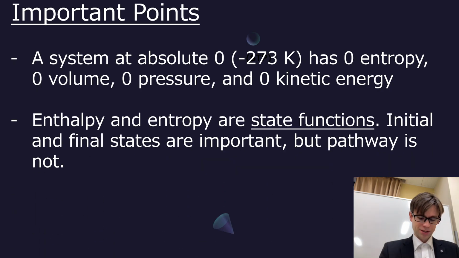Enthalpy and entropy are state functions. Initial and final states are important, but pathway is not, at least for considering calculations. I was often confused as a student what state function actually means, but I'll try to explain it again here. The way that I like to think about it is a gravity field.